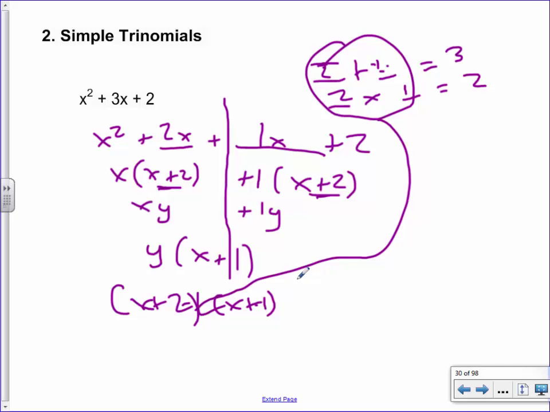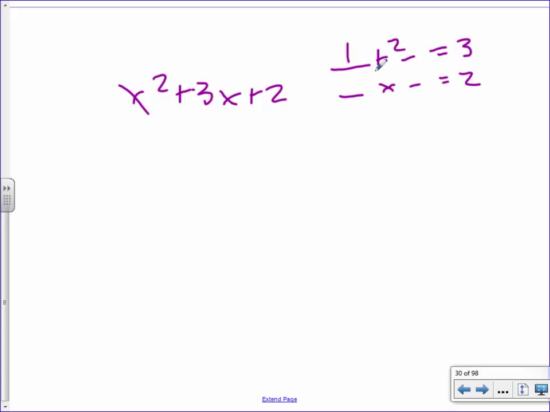What I was trying to do here is show you why this works. But truthfully, I would be fine with you doing this x squared plus 3x plus 2, saying what adds to give 3, what multiplies to give 2. You'd say 1 and 2. And if you went just right to x plus 1, x plus 2, that's it.